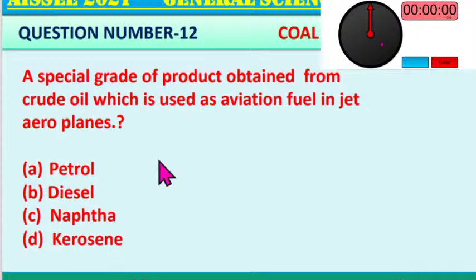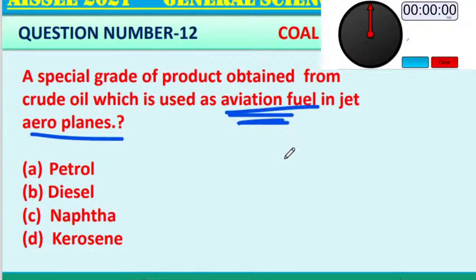Yes, time is finished now, so we'll check the question. A special grade of product obtained from crude oil, which is used as an aviation fuel in jet aeroplanes. What is the name of that fuel which we use in jet aeroplanes? What is the aviation fuel?